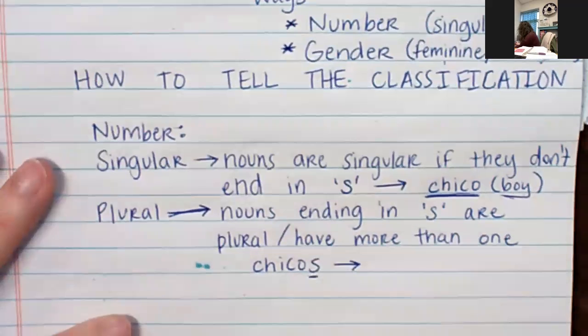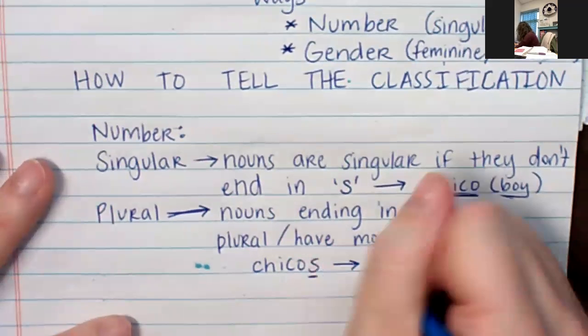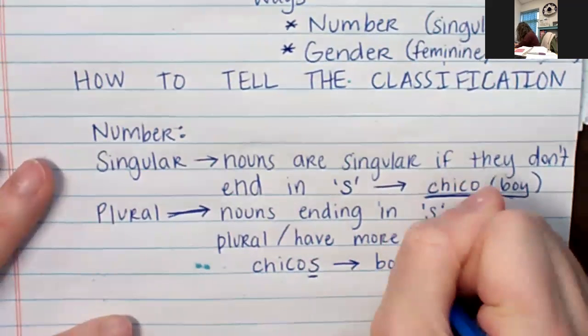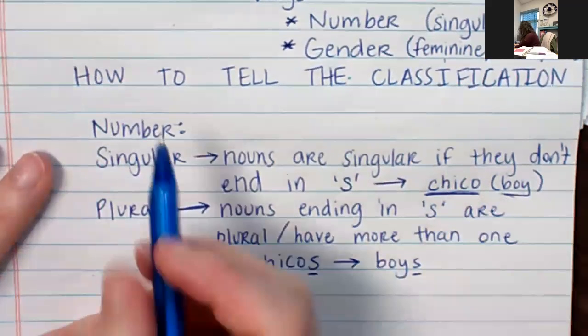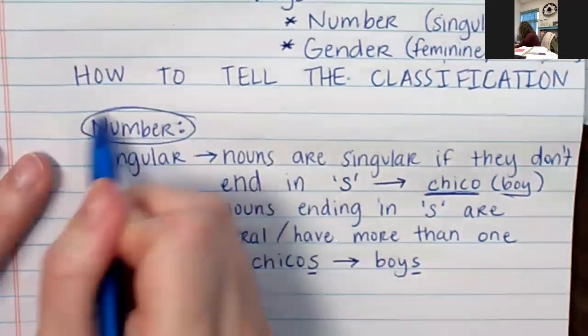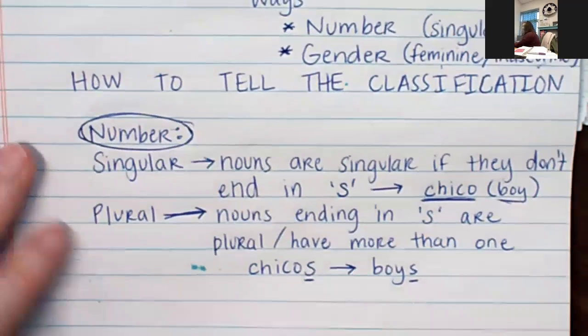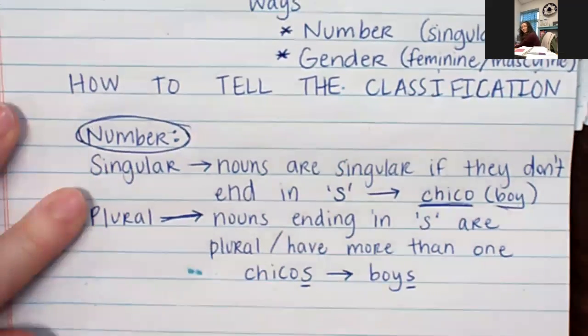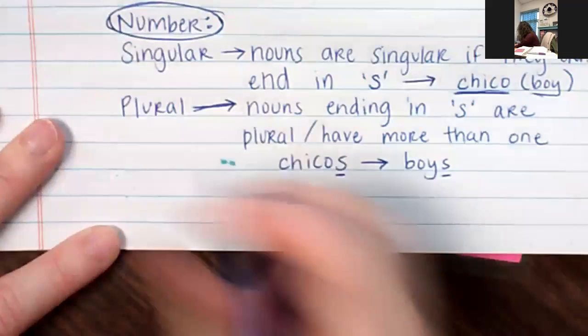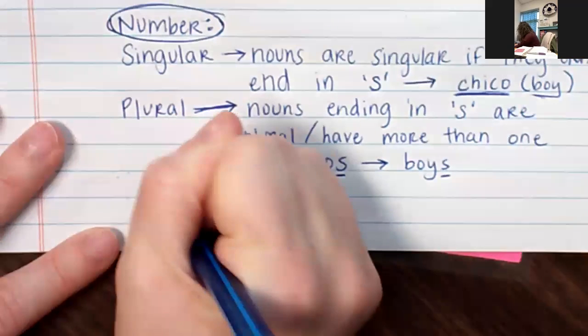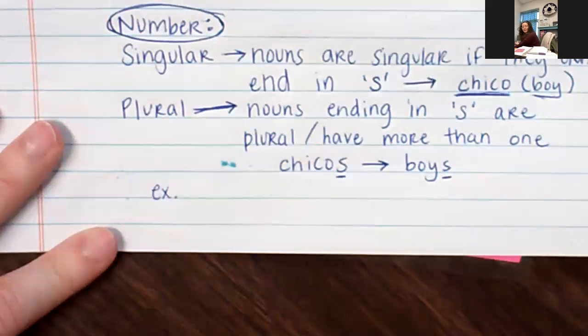Chicos ends with an S, and it means boys, plural. So that's our first category. And we'll do some examples really quick together.